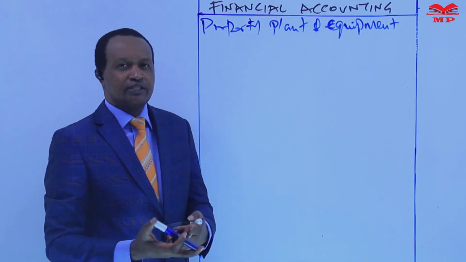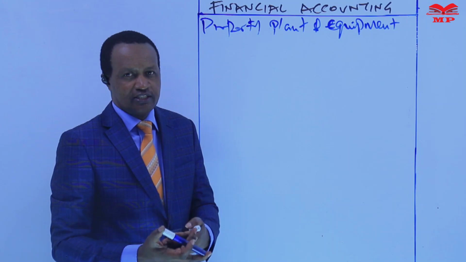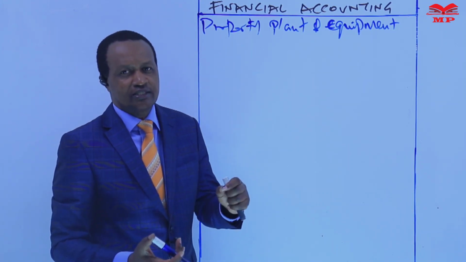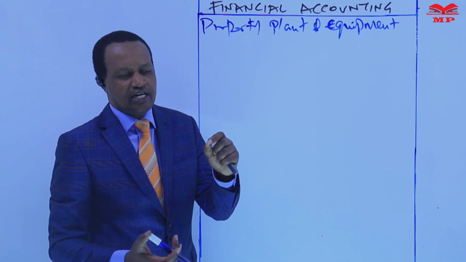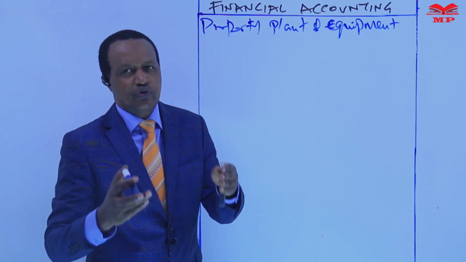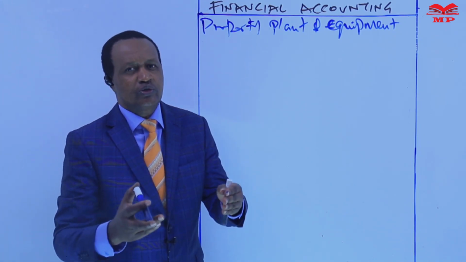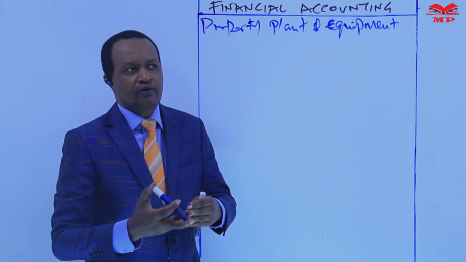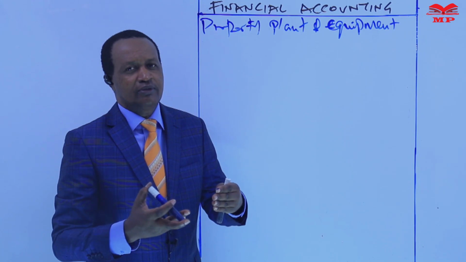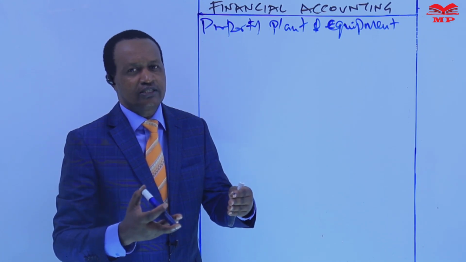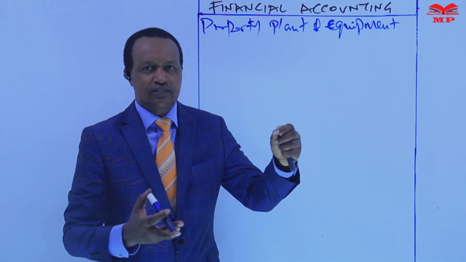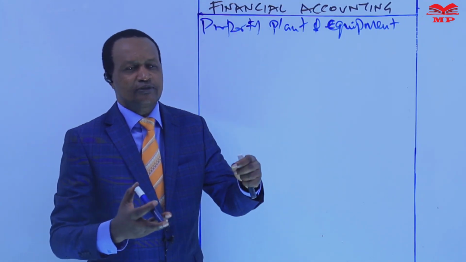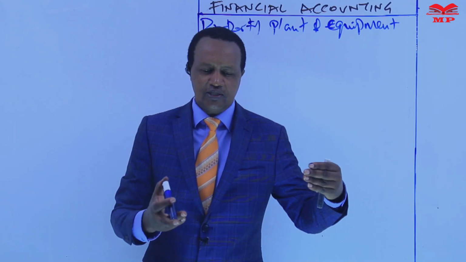Property, plant, and equipment are also known as fixed assets and are tangible assets that an entity holds for use in the production or delivery of goods or services, or an entity may be holding these assets for rental to others, and that are expected to be used for more than one period.